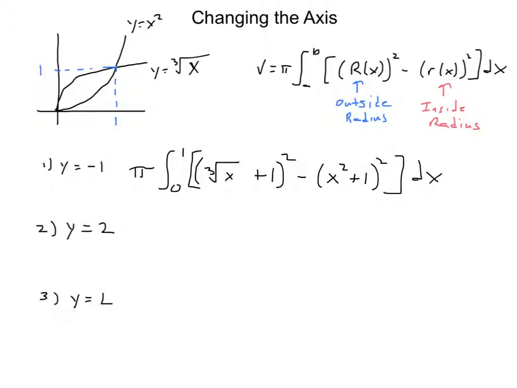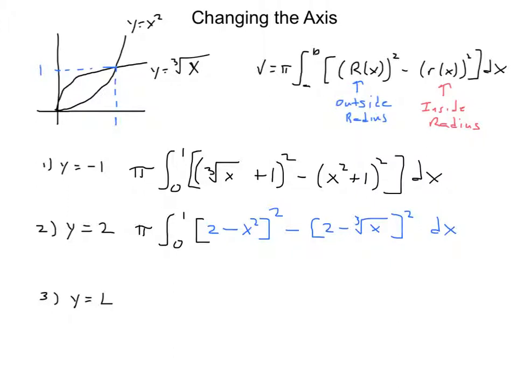And so it's going to be pi times the integral from 0 to 1 of, now technically, because we are above here, and a radius is a distance, my outside radius is going to be 2 minus x squared, that thing squared, minus, here it's going to be 2 minus the cube root of x, that thing squared, dx.